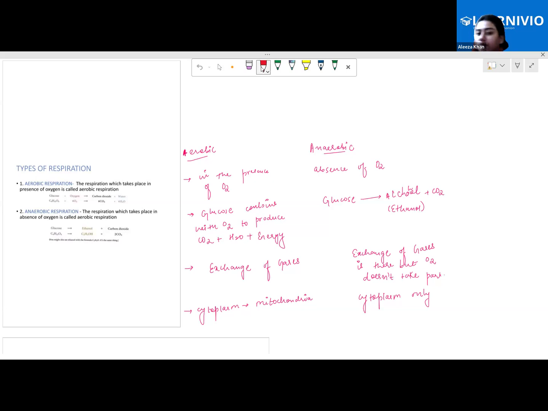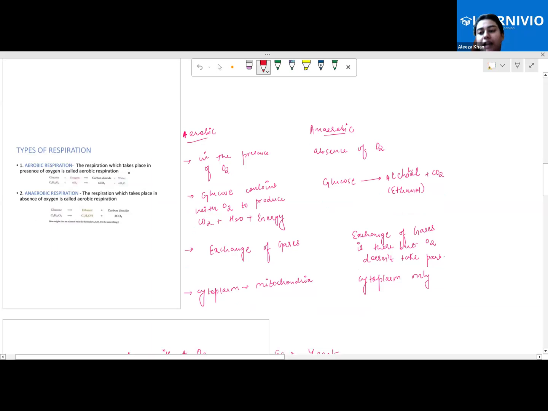Yes, ma'am. Now coming to the second point, we all are utilizing glucose as a form of energy. By the process of respiration, it is breaking down the glucose to form carbon dioxide and energy. In this, glucose is broken down in the presence of oxygen into carbon dioxide, water, and energy.